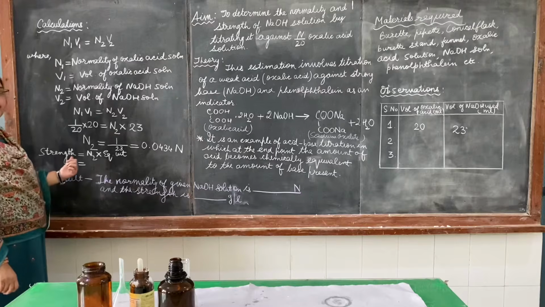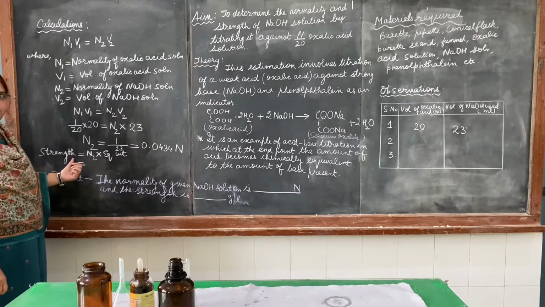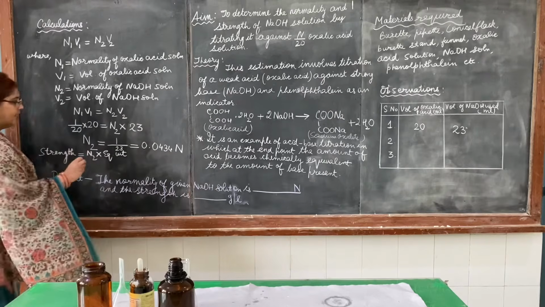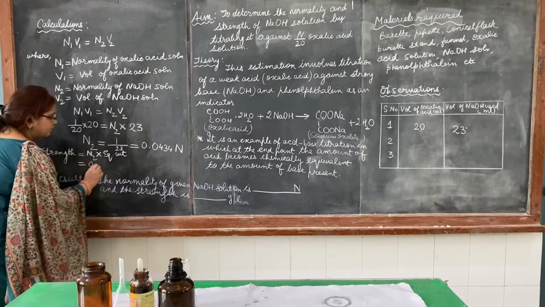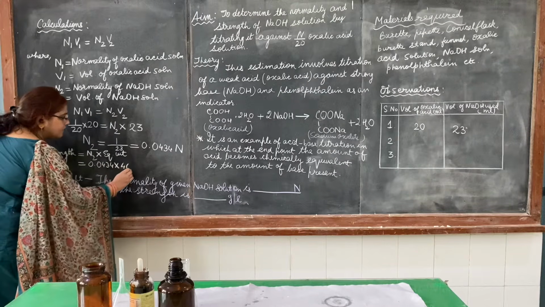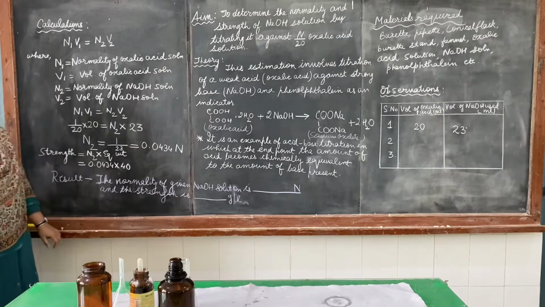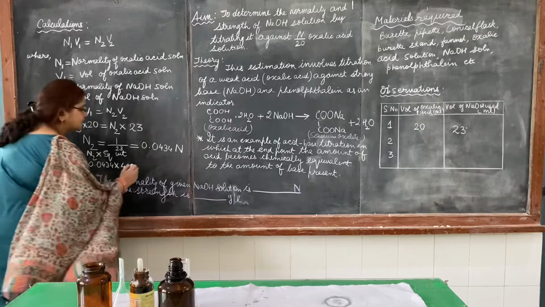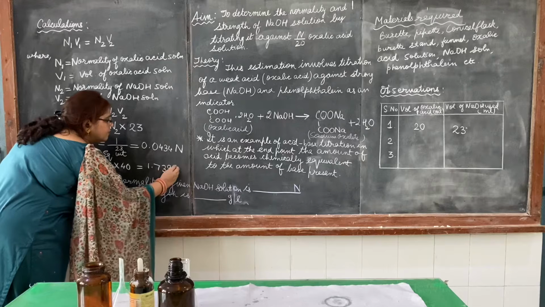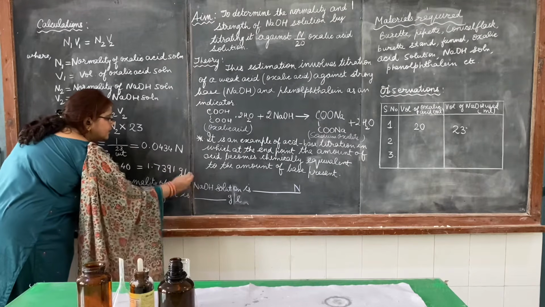Now for the calculation of the strength of the NaOH solution, take the normality calculated above, 0.0434, multiplied by the equivalent weight of NaOH, which is 40, and the answer comes out to be 1.7391 grams per liter.